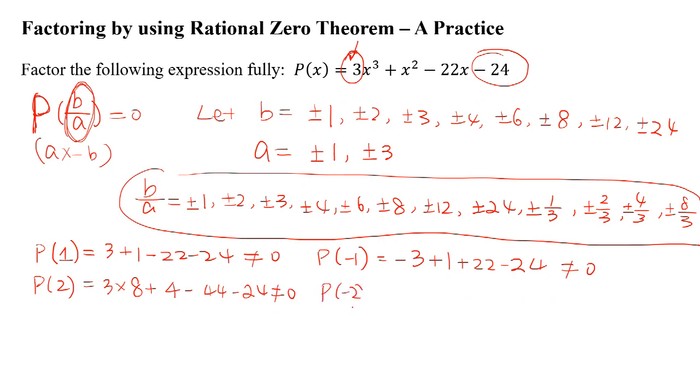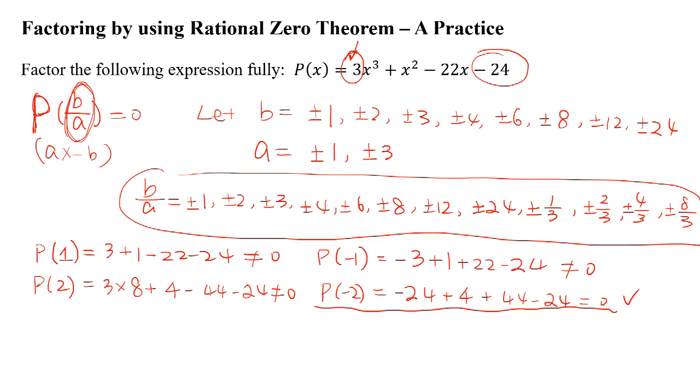Then let's check minus 2, which is minus 24 plus 4 plus 44 minus 24. So this is actually 0, right? So bingo, we have found a number that can make the polynomial 0.